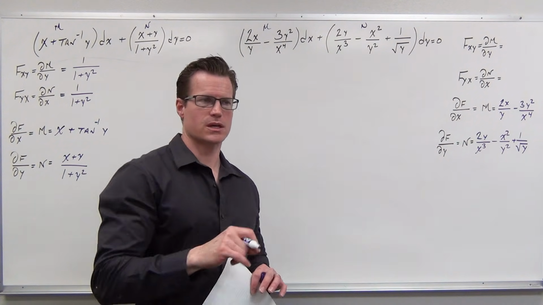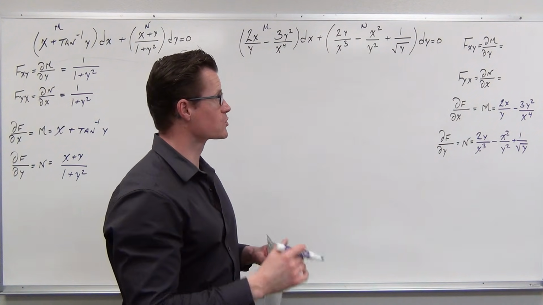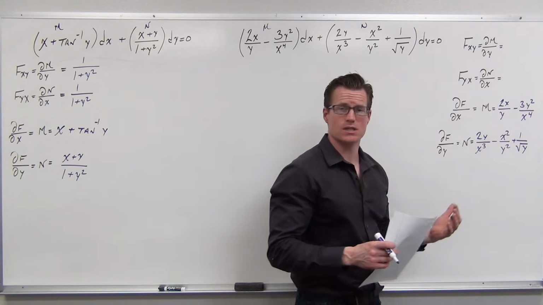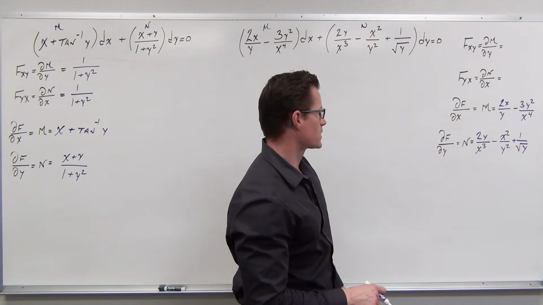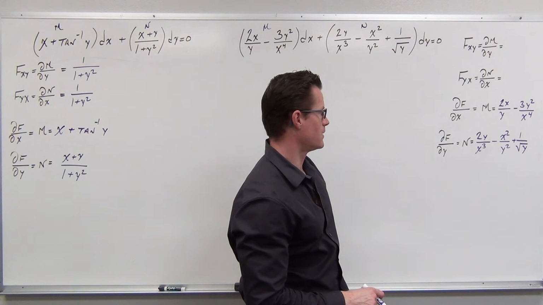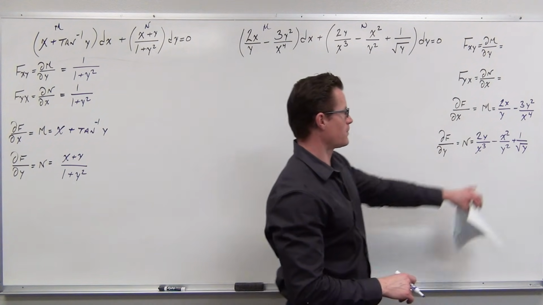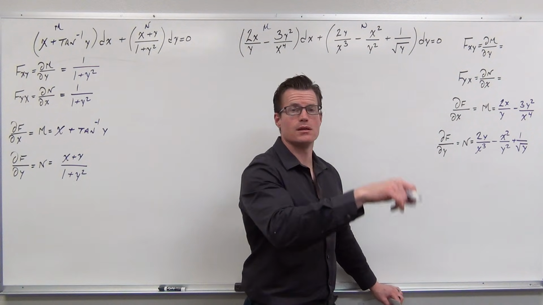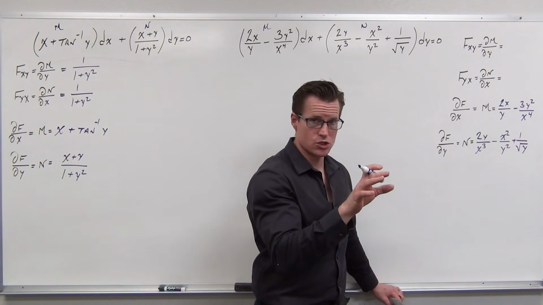We're going to find our mixed partials. So we're going to take the partial derivative of m with respect to y and n with respect to x. We're going to see what we have. So m with respect to y, man. Well, that part's pretty easy. This part, remember that this would be 2x y to the negative 1. So I'm showing this. You should show this.